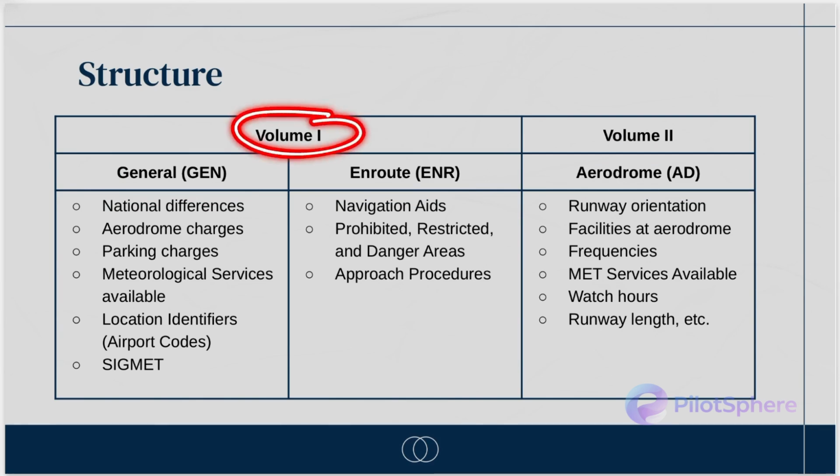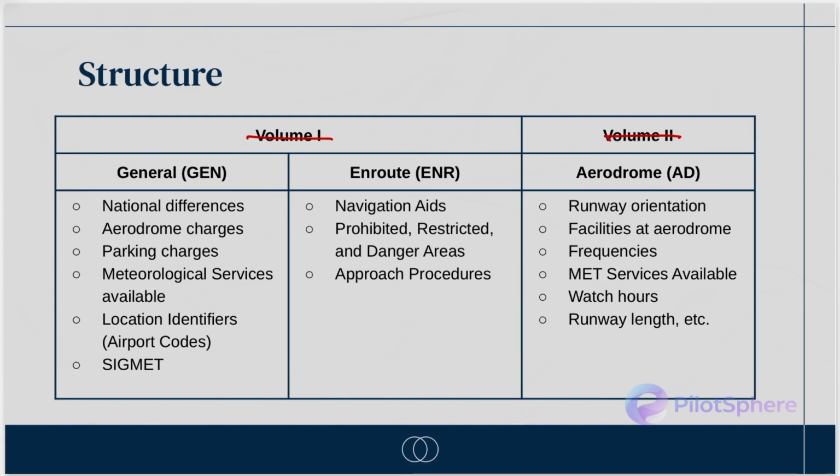So volume 1 includes general as well as en route, and volume 2 is just the aerodrome part. However, this volume aspect has been removed. It is still mentioned in the book, but it is no longer applied in real world today. What the Airport Authority of India has done is they have just separated it as three parts: general, en route, and aerodrome.